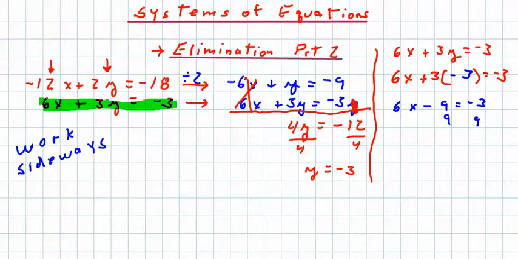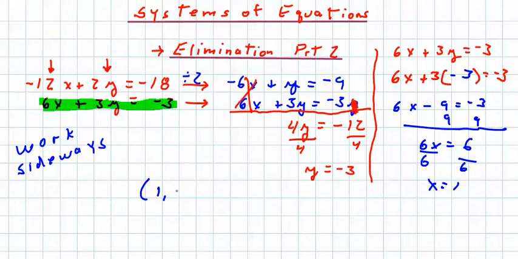Add 9. 6x equals 6. We divide by 6. X equals 1. My answer then is the ordered pair 1, negative 3. All right, and we are done.